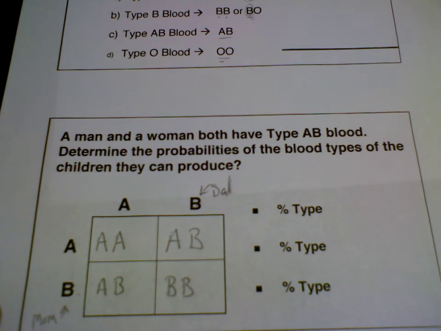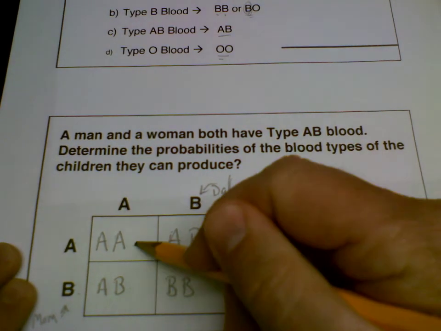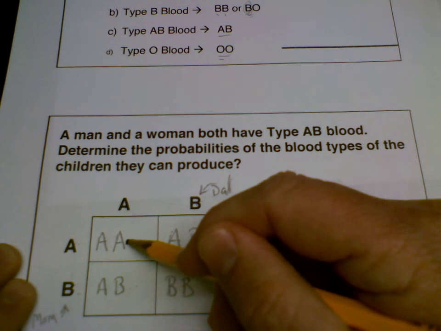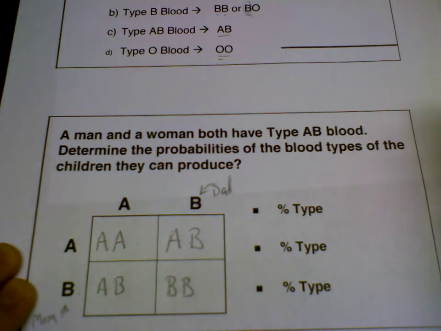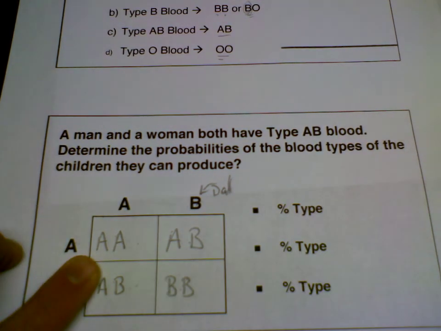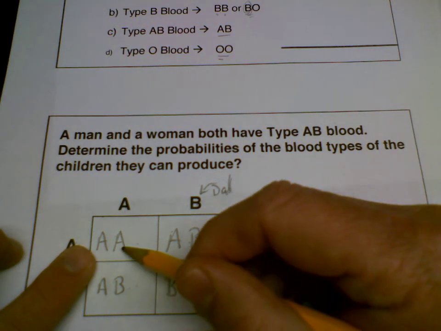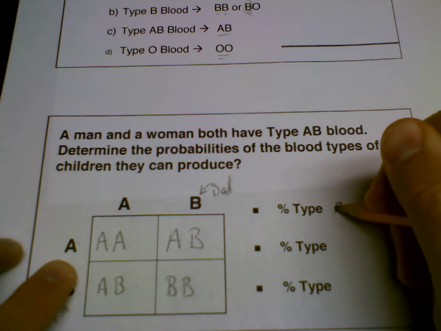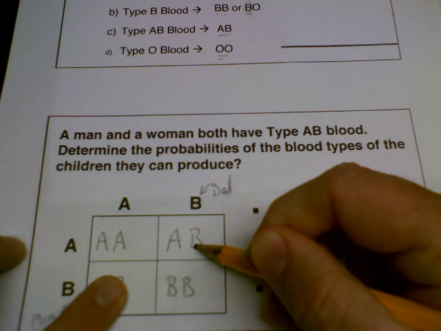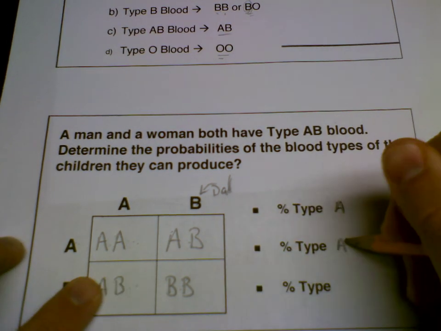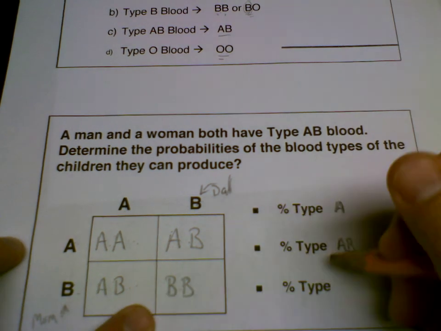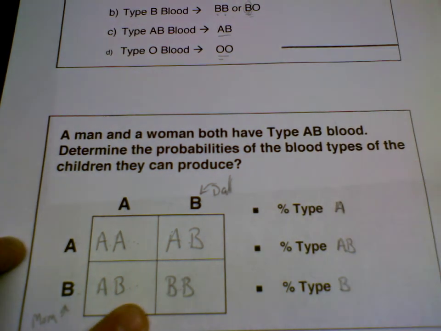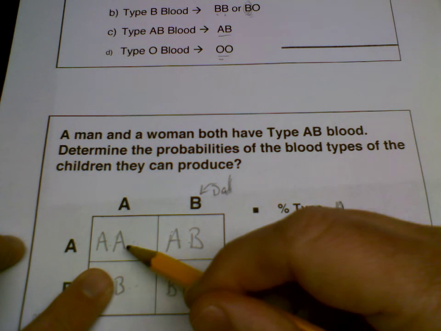So let's take a look down here and let's see what percent. Well, there are 4 boxes. So each box accounts for 25%. I'll start with AA, and AA gives us type A blood, right? AB gives us type AB, and BB gives us type B. So let's see.